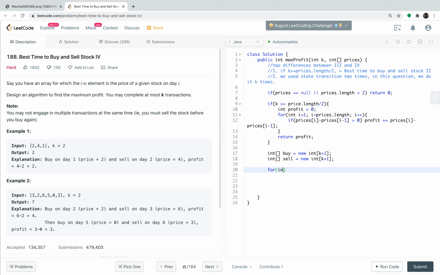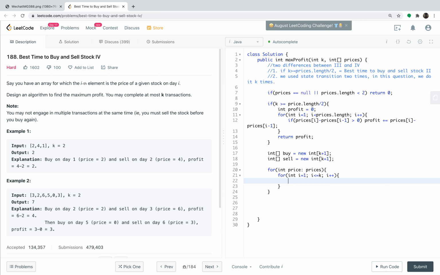So we do the for loop as before for each price. Starting from i equal to 1 until i is equal to k, i plus plus.